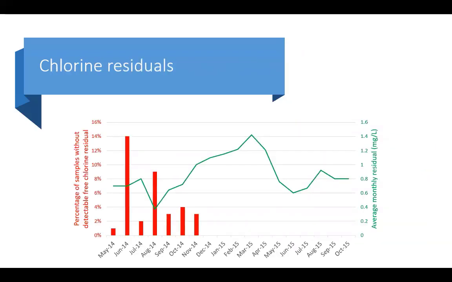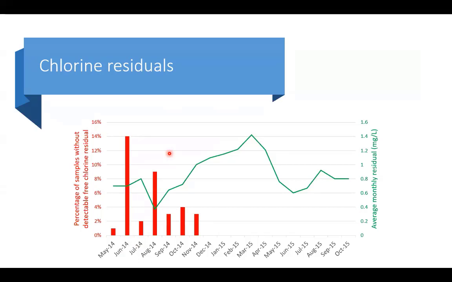The chlorine residuals varied significantly in the distribution system. And as you see here, in June of 2014, roughly 14% of the samples collected did not have a chlorine residual. The regulatory limit is 5% for 2 consecutive months.